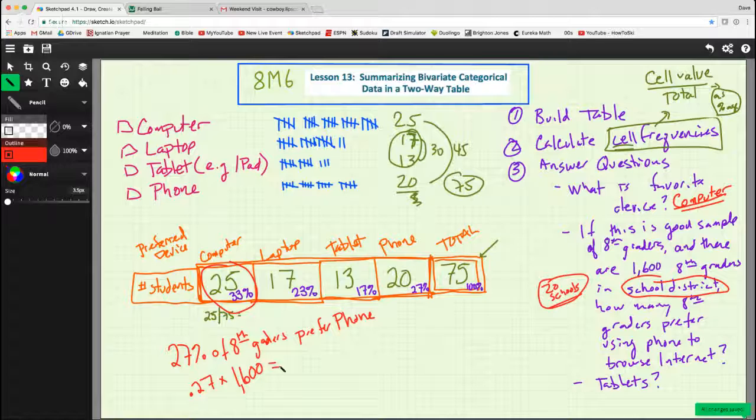And there's our math. So we have 27% prefer using phones. So we would say 0.27 times 1600. We'd multiply that out and we get 432. So we would estimate 432 students prefer the phone for browsing the internet.